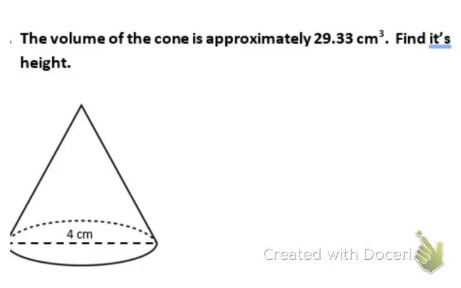Okay, let's do one more, and that's going to be a challenge question, a very challenging question. It says the volume of a cone is approximately 29.33 centimeters cubed. Find the height. So we need to find the height from the very top to the center of the circle. They give us V, which is 29.33, and they don't give us H, but we can find B, right?